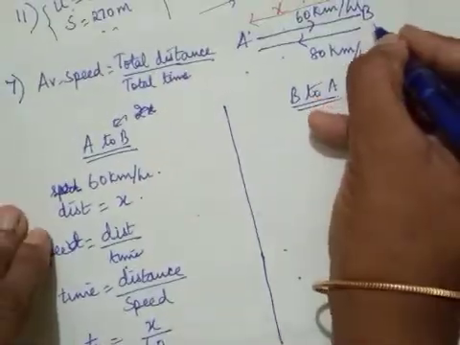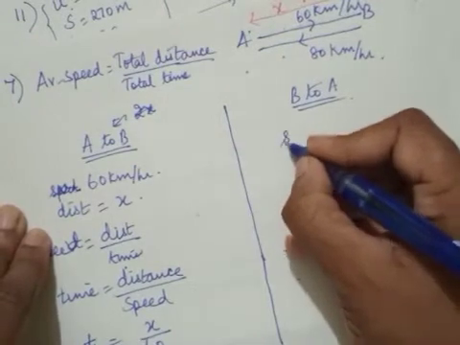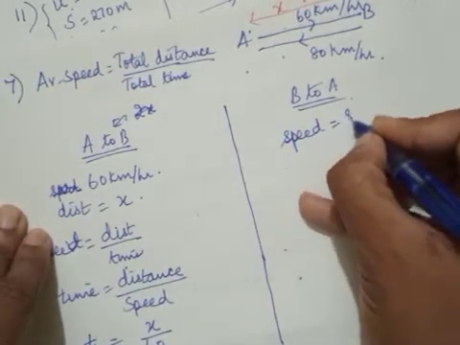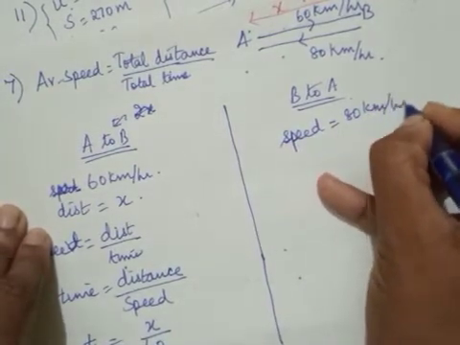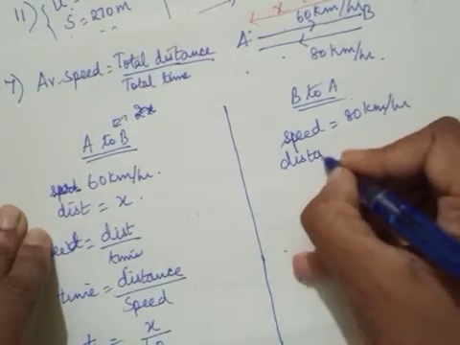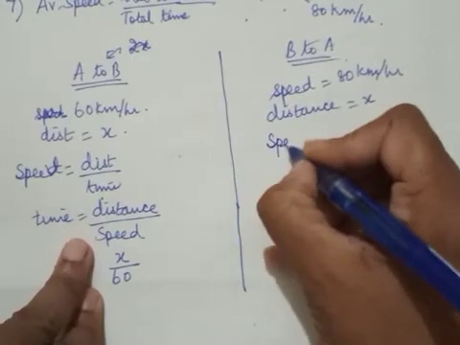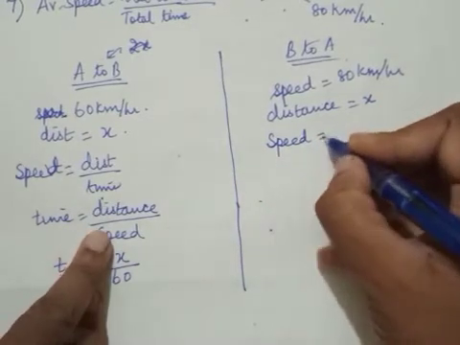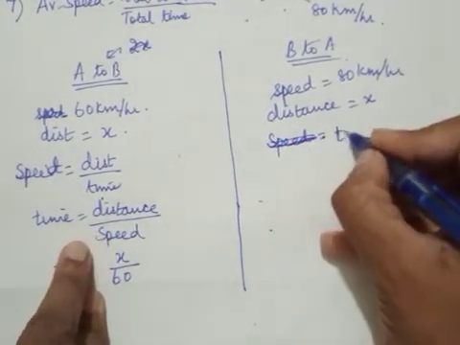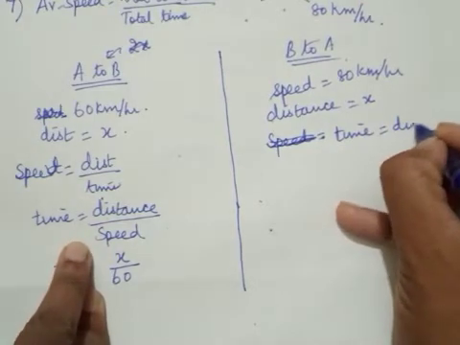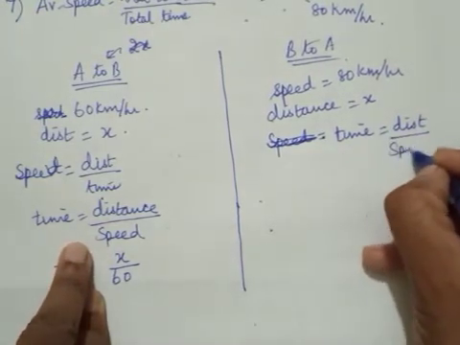Now let's talk about the return journey. What was the speed? 80 km per hour. Distance again same, x kilometer. Speed is equal to distance upon time, or time is equal to distance upon speed.